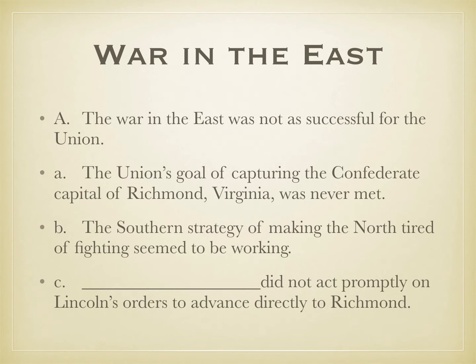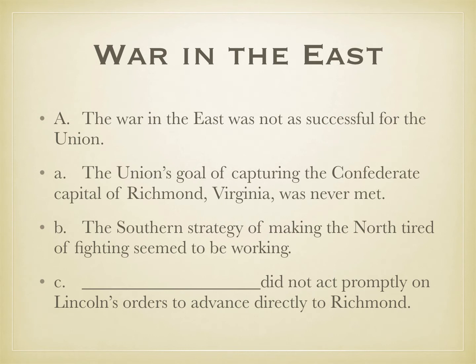So the war in the East is not as successful for the Union. One of the goals, capturing the Confederate capital of Richmond, is actually never going to be met. The war is going to end and the Union will never capture that. And the Southern strategy of making the North tired of fighting was actually working.